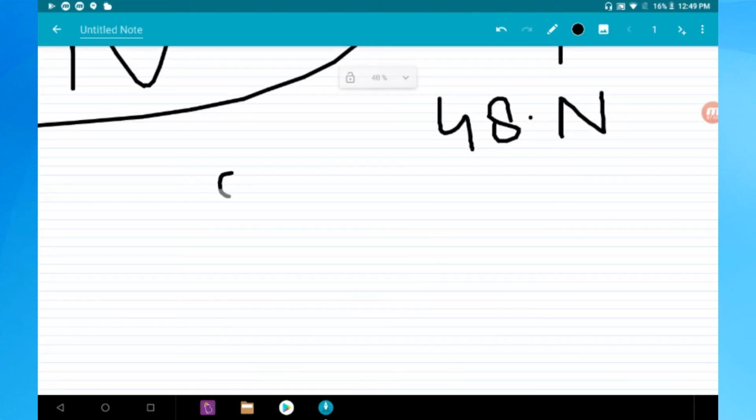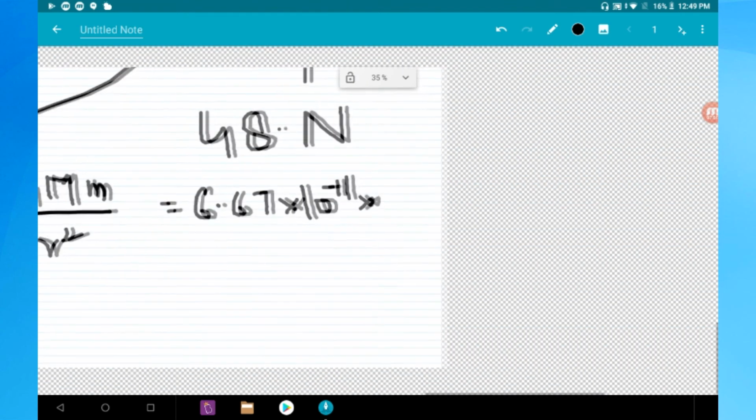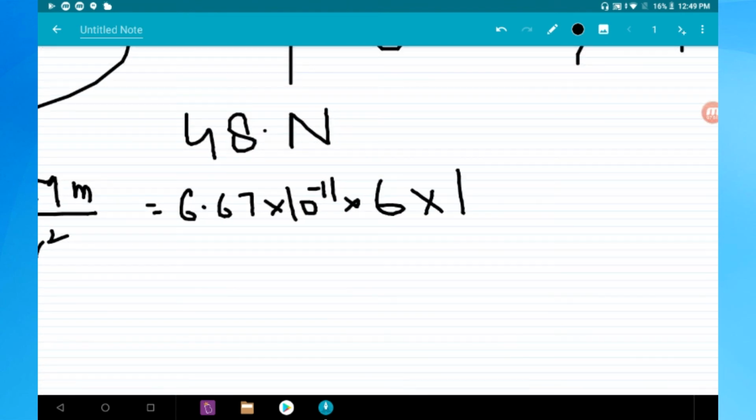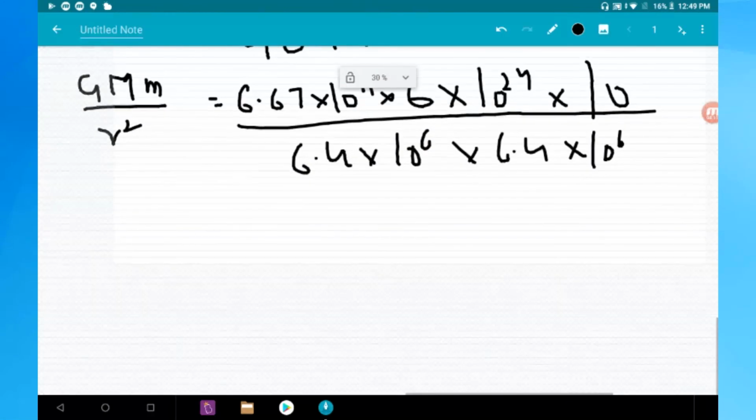Now let's check GMm by r squared. G is 6.67 into 10 to the power negative 11, into 6 into 10 to the power 24, into the 10 kilo object. Let's divide it by 6.4 into 10 to the power 6 into 6.4 into 10 to the power 6. Simple.